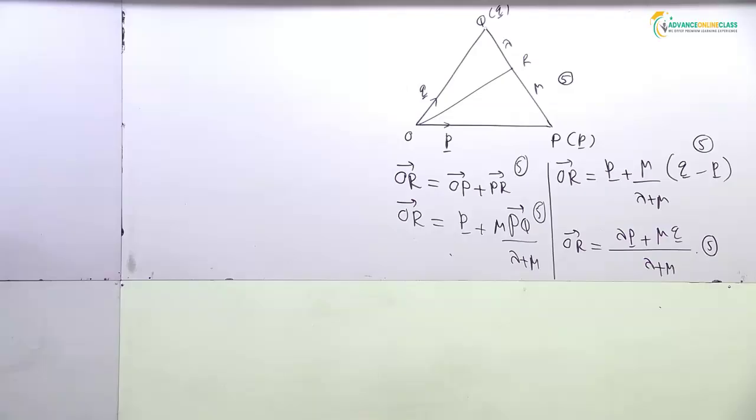The point P is such that OP equals 4 OB, right?